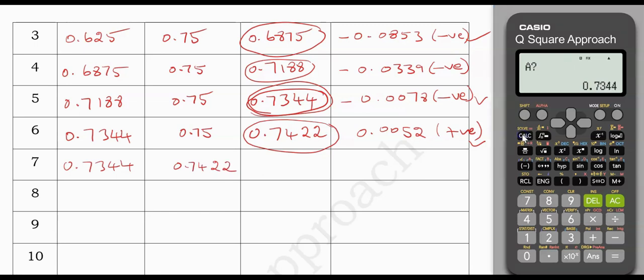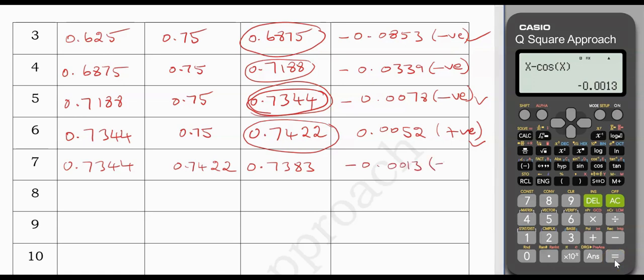From the calculator, A is 0.7344, B is 0.7422, and X is 0.7383. Then the corresponding function value is minus 0.0013. This is negative. So this value is negative, the previous value is positive.